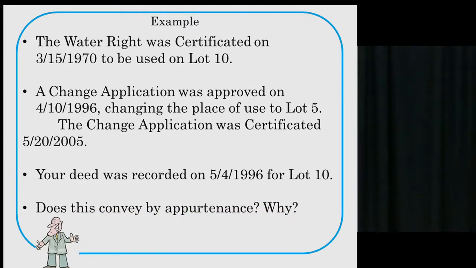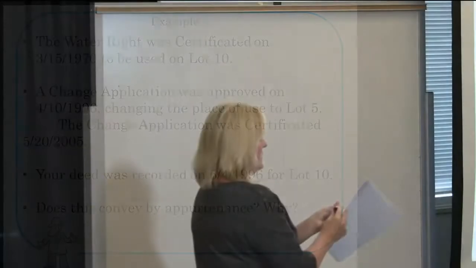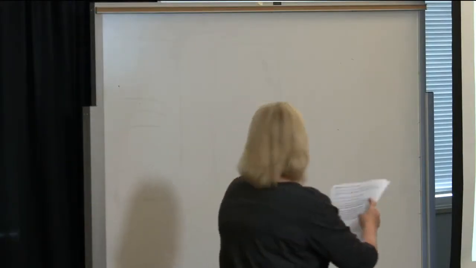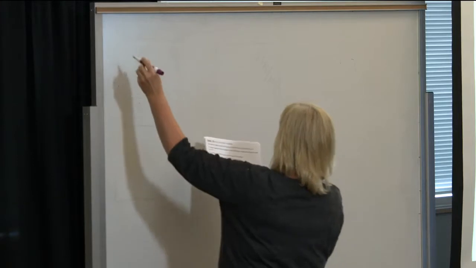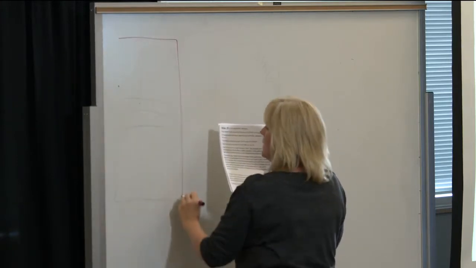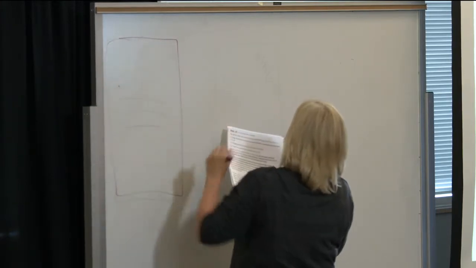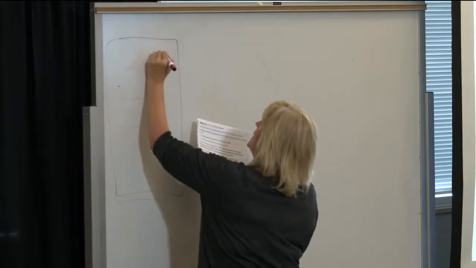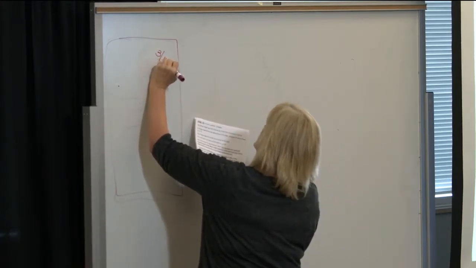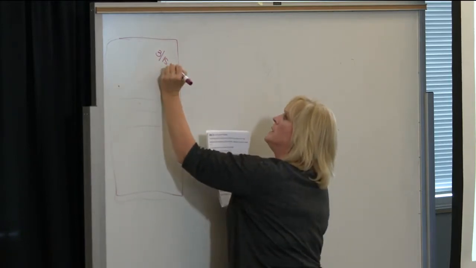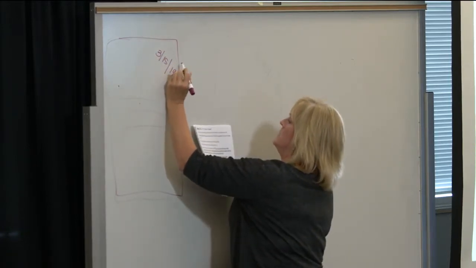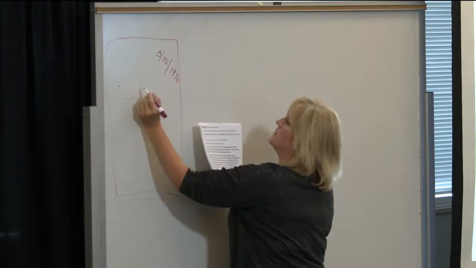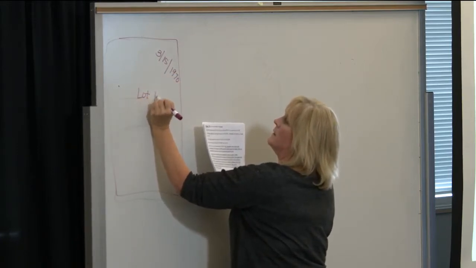I'm going to draw a visual. It's easier for me. I always have to draw visuals. Here we go. We've got the certificate on Lot 10 issued March 15, 1970. And this is for Lot 10.